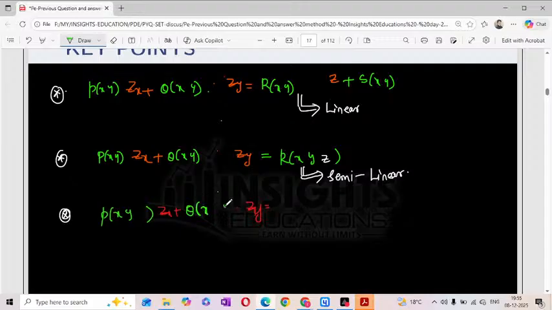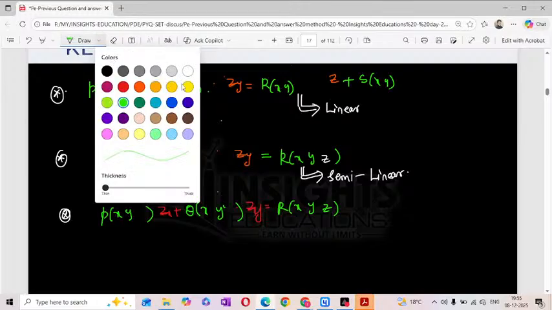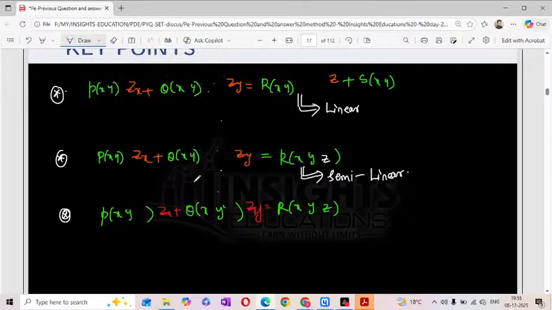Previously we have seen x, y, but if the left hand side includes z, so left hand side here it is the function of x, y, z, and the functions p and q are functions of x, y, z.